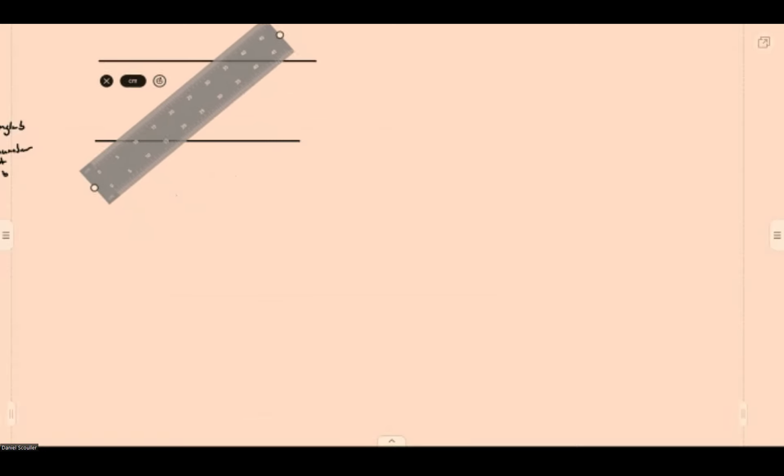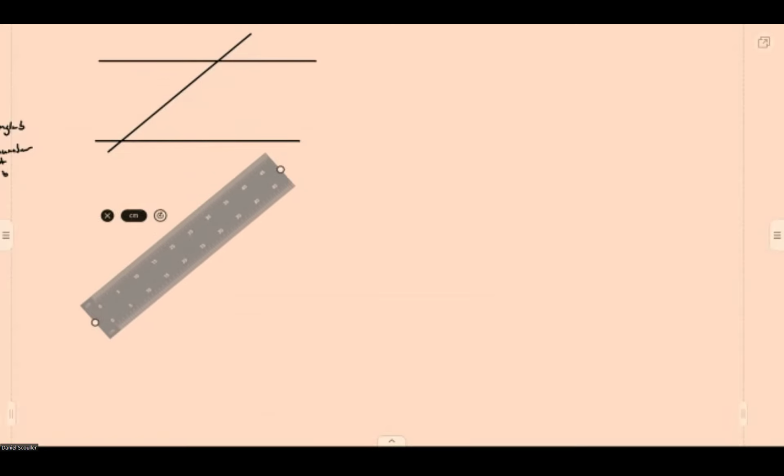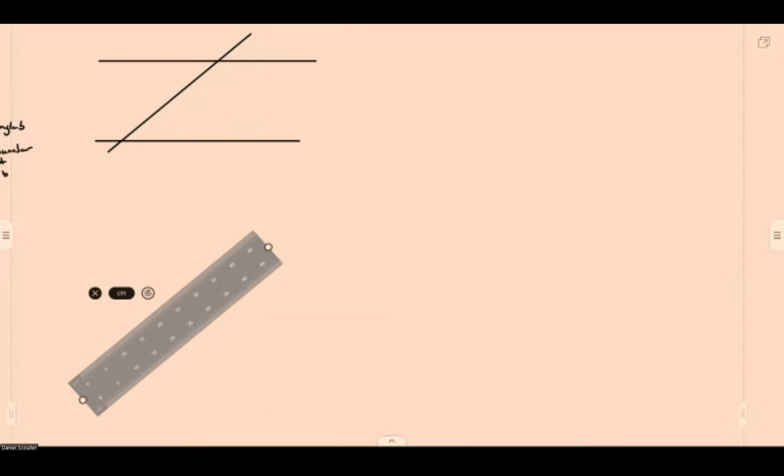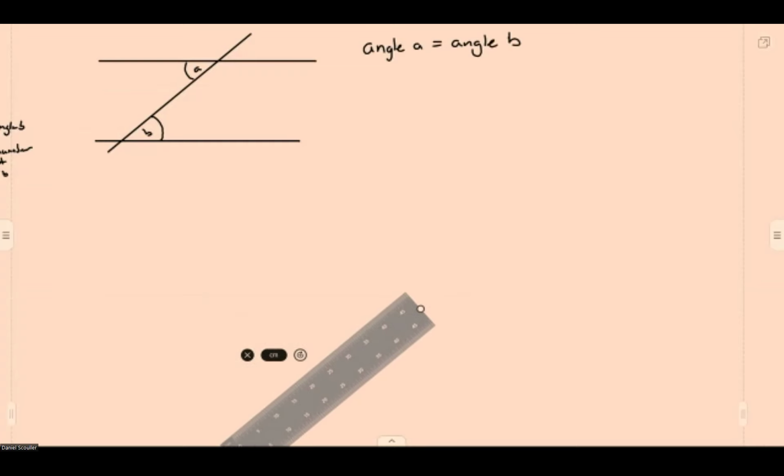This is called a Z angle. Now if we get told what this angle is in here, we can work out what that angle is in there. Angle A is equal to angle B. That's a useful rule to know as well. So Z angles, the angles on the inside of a Z are going to be the same as each other.